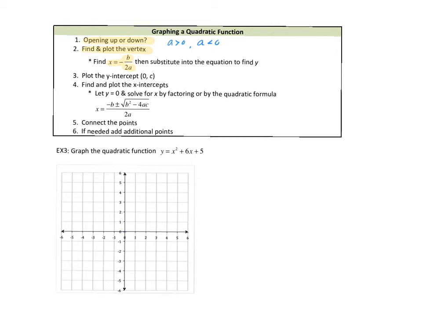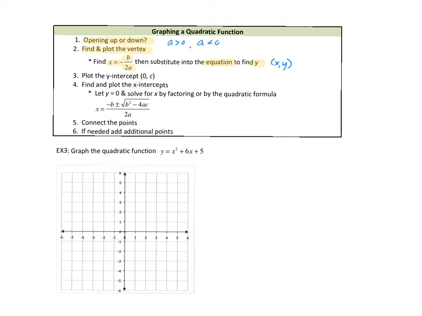Once you find that x value, you would put into the equation to find the corresponding y value, because remember the vertex is a point. It's a point xy. So you don't only find the x, which is sometimes the error people make. They find the x and that's it. Remember, you need an x and a y, they have to go together.